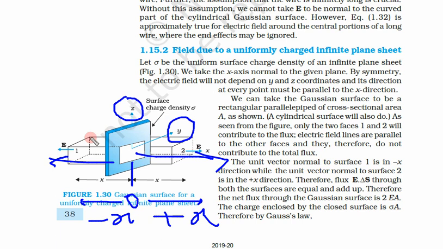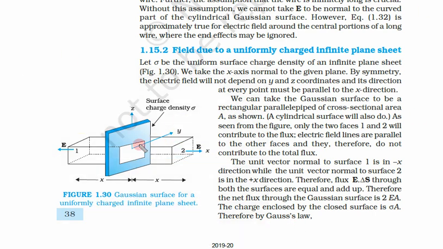Similar to the last diagram, we will consider a Gaussian surface. In this case we are taking a very small part of this sheet, a rectangular part.